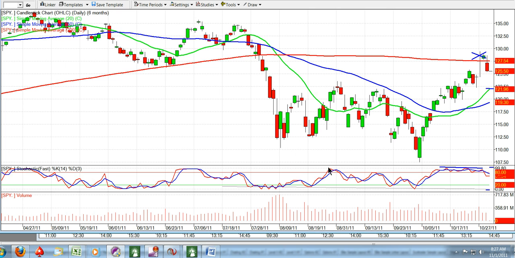When you see that the stochastics get above 80 or 100, then you are going to typically see a reversal to the downside. So in the S&P, what we saw here is the stochastics got oversold, and you can see the stock broke back up in the opposite direction to the upside.